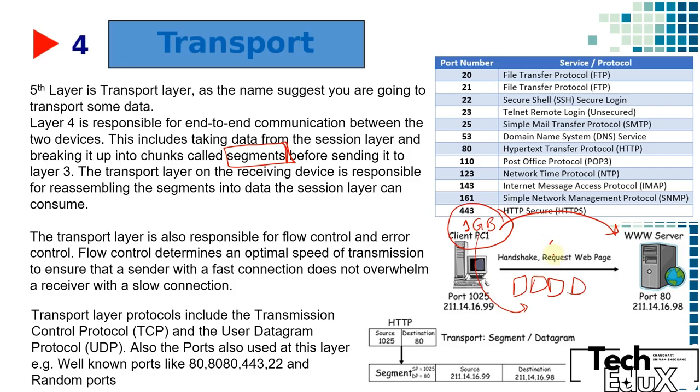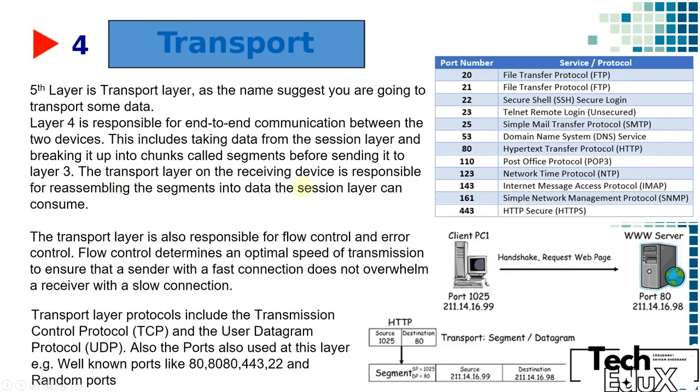So this 1 GB of data, you are going to divide into, let's suppose, 10 MB, 10 MB, 10 MB, and so on. First 10 MB will be transferred, then the second 10 MB, then the third, and so on. These are called segments. Before sending it to layer 3, the transport layer on the receiving device is responsible for reassembling the segments into the data the session layer can consume.